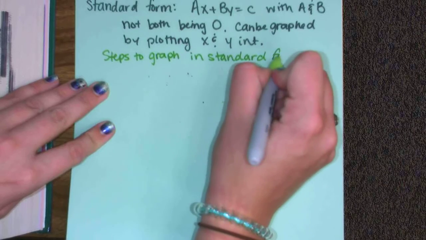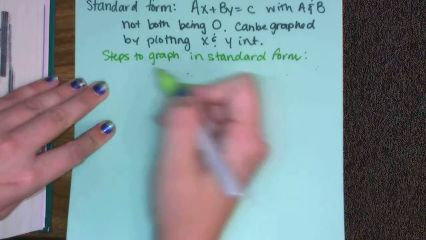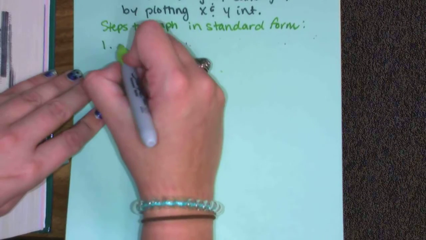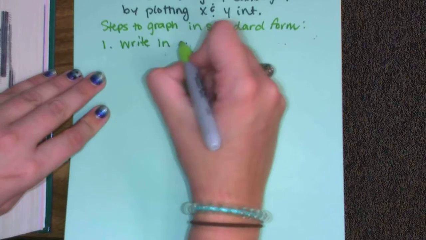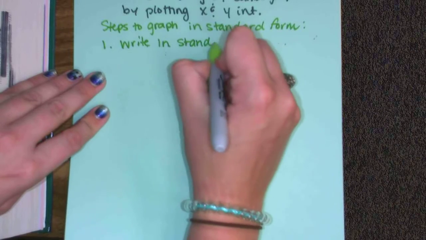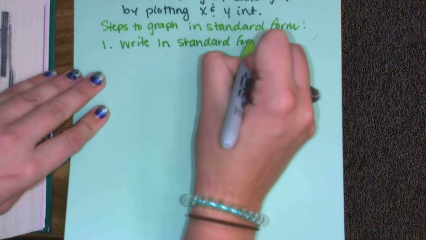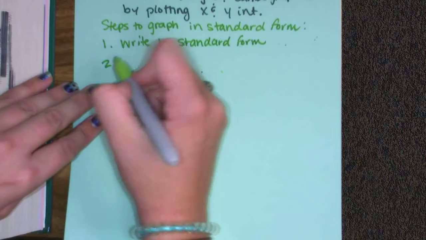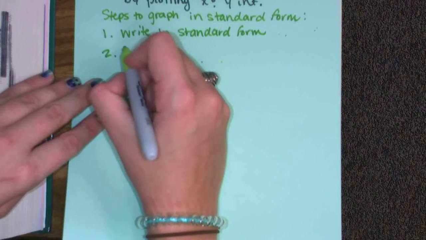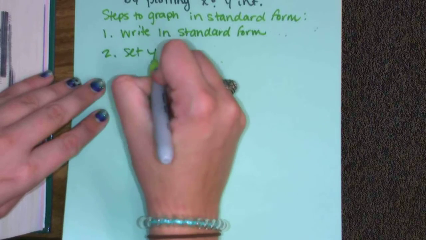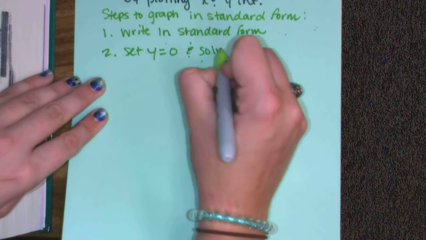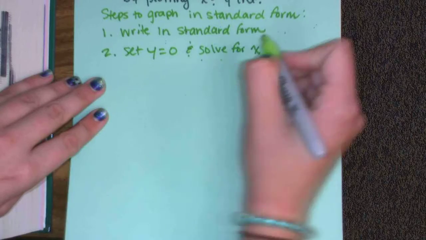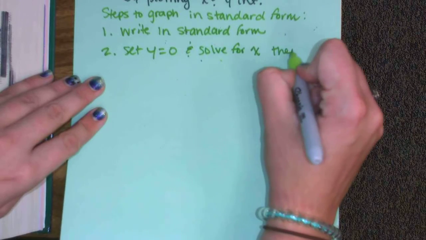So the first one, write in standard form. Okay, it may not be given to you in standard form, so we need to write it in standard form. Step 2, we set y equal to 0 and solve for x, then plot the x-intercept.